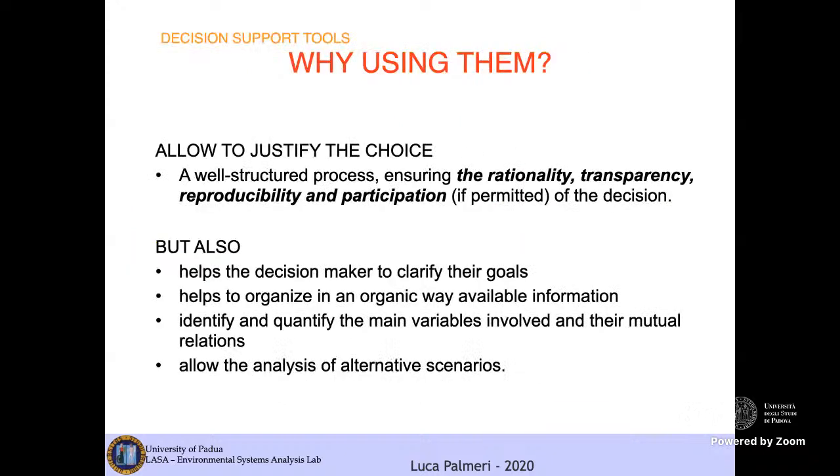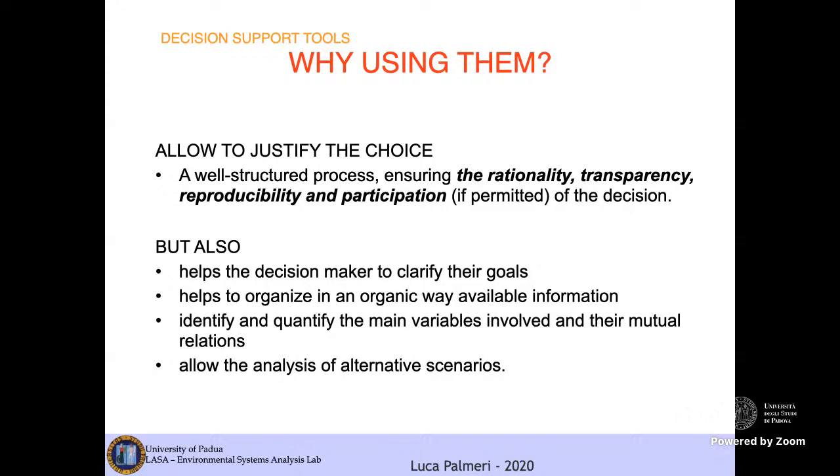Why shall we use decision support tools? There are several reasons. In particular, these tools allow us to justify the choices. They allow us to build a well-structured process ensuring rationality, transparency, reproducibility, and participation, if permitted, in the decision. I shall note that this characteristic, rationality, comes from decision theory.